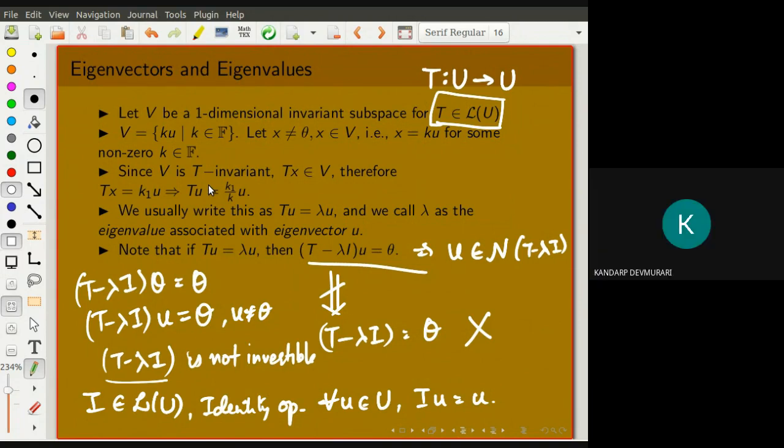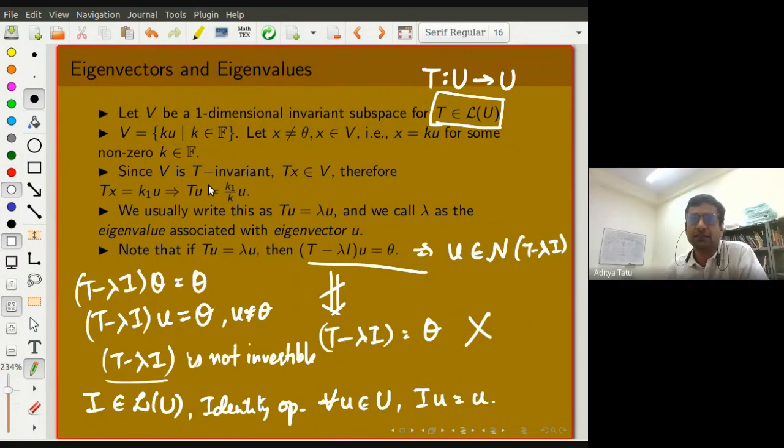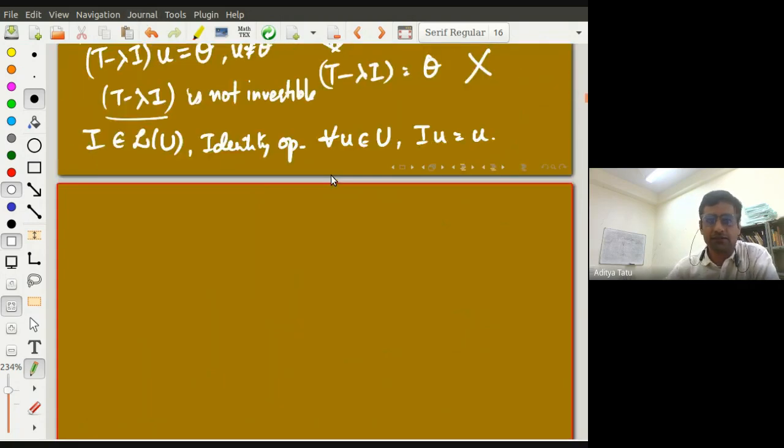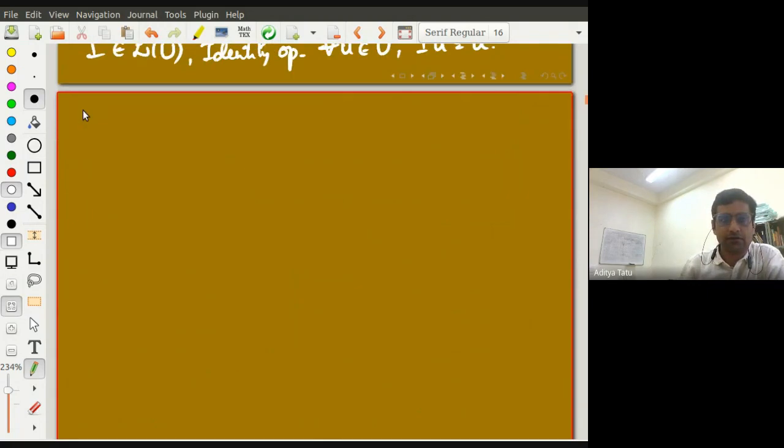Yes, sir. But since U is assumed to be finite dimensional, with respect to a particular basis, you will have a matrix representation of T. And that matrix has to be square. Does that make sense? Yes.